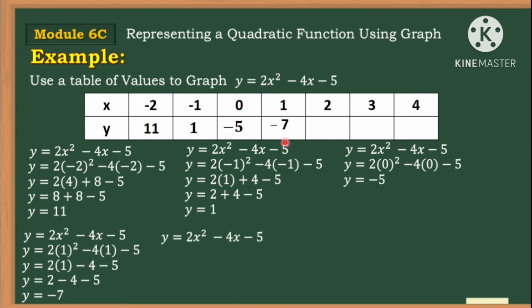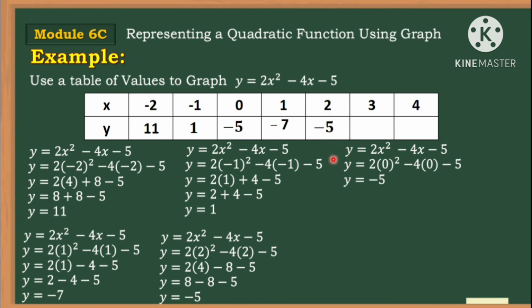If x is positive 2, okay, so ito magiging 2. Simplify natin, 2 times 2, so 4, then negative 4 times 2, negative 8. So 2 times 4, that is 8, then minus 8 minus 5. So y is equal to negative 5. So pag ang x ay 2, y is negative 5.